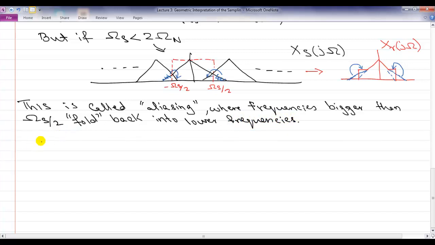And a significant consequence of that is, of course, that your reconstruction is not equal to the signal that you started with.